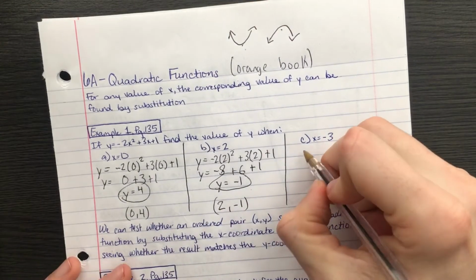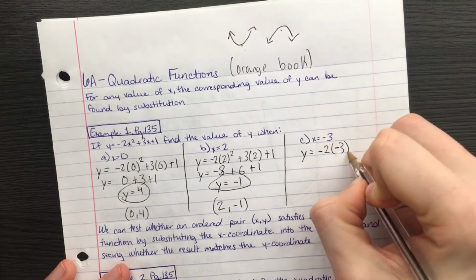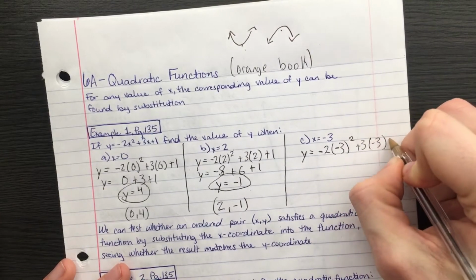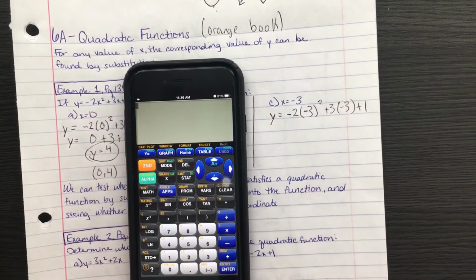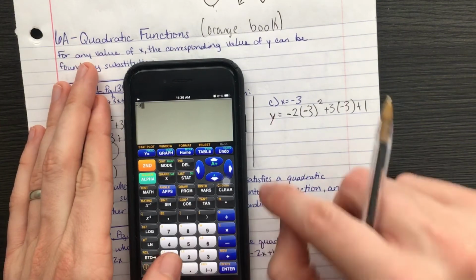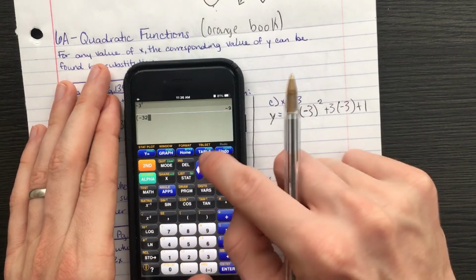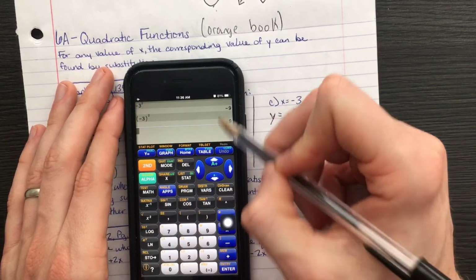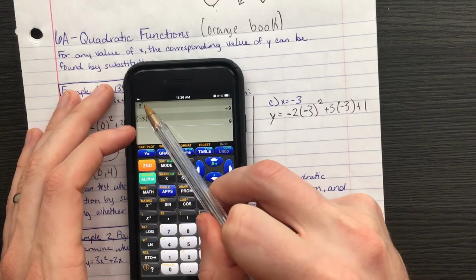Now, the other thing real quick, and why I wanted to go over this, is one of the most common mistakes that Mr. Price sees when students are substituting into quadratics. If you are using a calculator to evaluate, which is fine, and you put in negative 3 squared and you don't have parentheses on that, it's going to give you two different answers, because this one is squaring the 3 first.